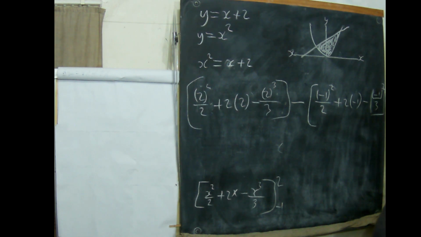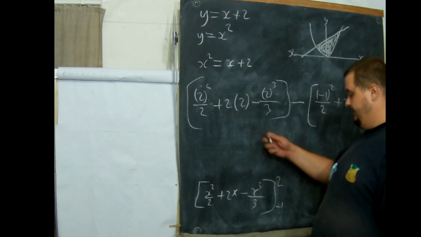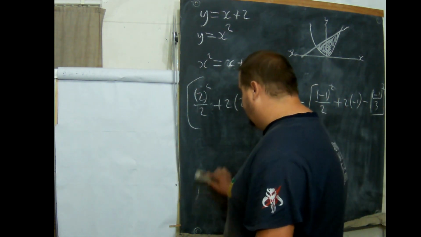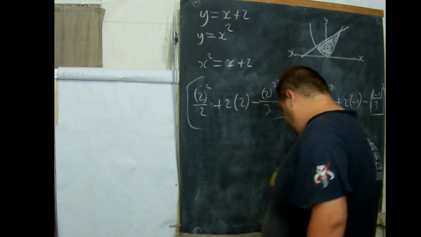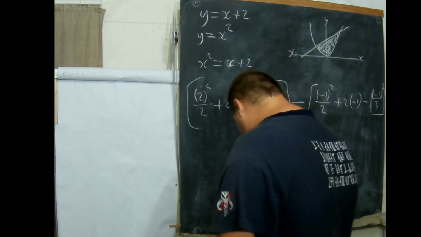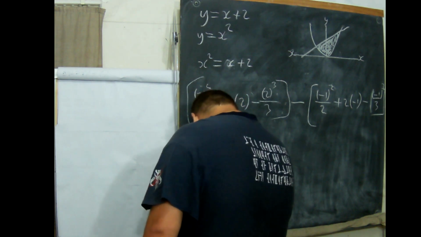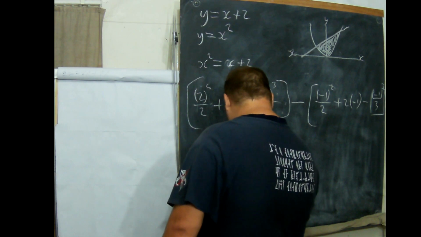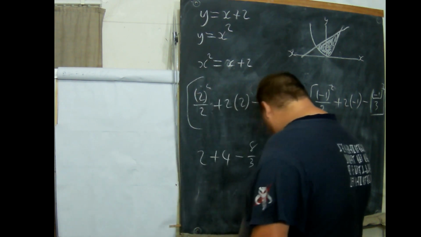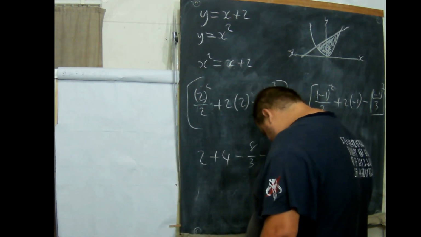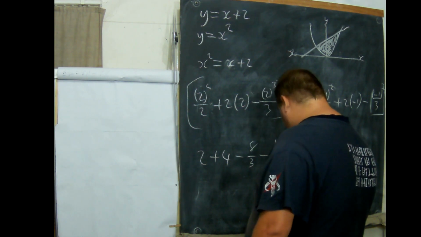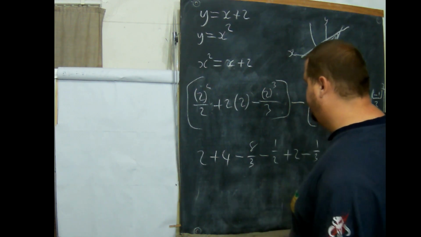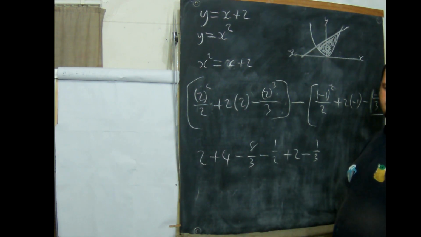Now I would advise putting this in a calculator. With that, you'll get 2 plus 4 minus 8 over 3, minus a half, plus 2, minus 1 over 3.